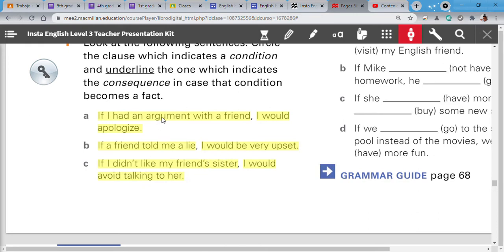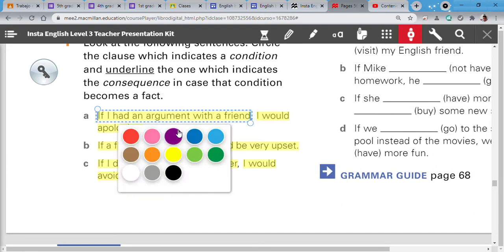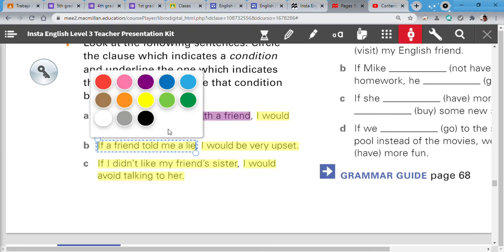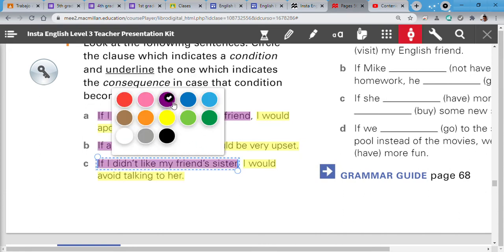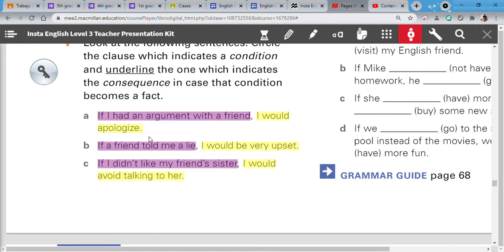But remember, be careful. Okay, give me a second. When you talk about, I repeat, second conditional, the second conditional is for imaginary situations. So what does it mean? For example, in the first one it says, if I had an argument with my friend, but I never argue with my friend. So it's an imaginary situation.